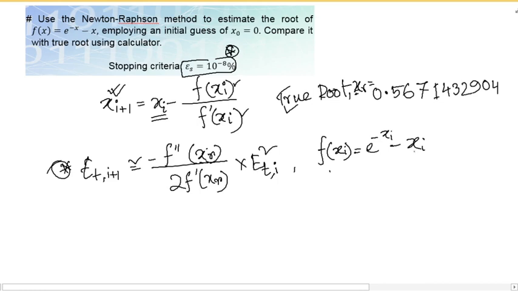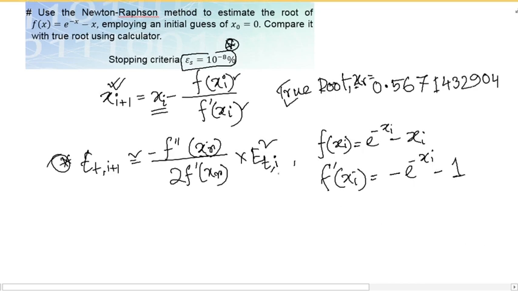So this will be our function of xi, and function prime xi will be equals to minus e to the power minus xi minus 1, first derivative of the function. And we might also need this one later on, so better we calculate this before. So f double prime x will be e to the power minus x. We'll be using this later on.